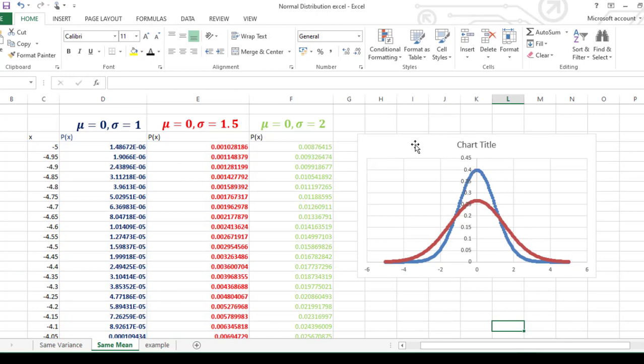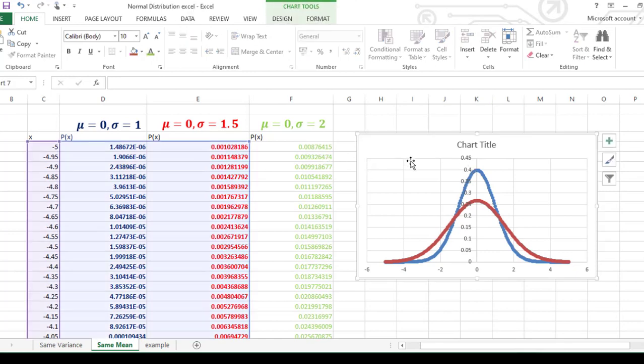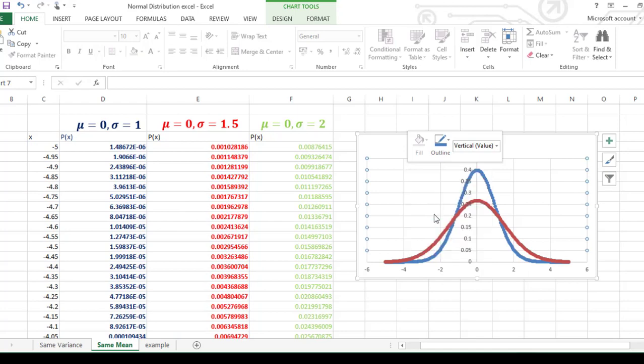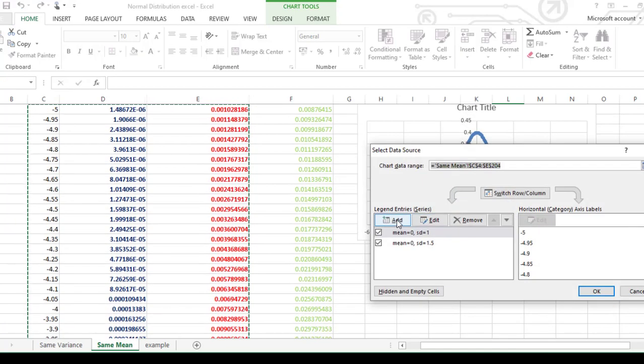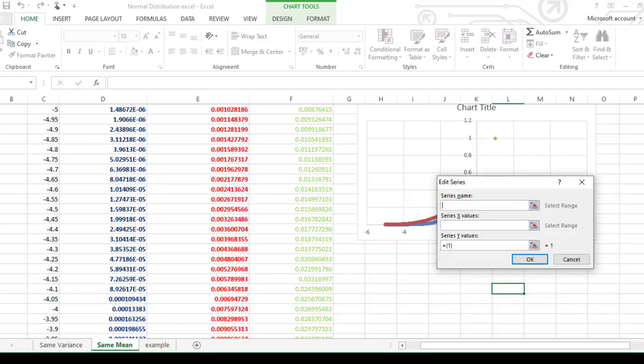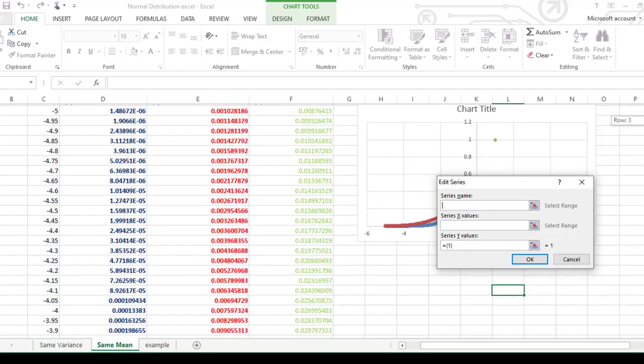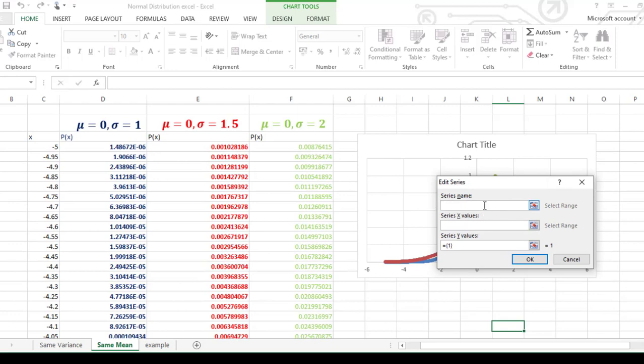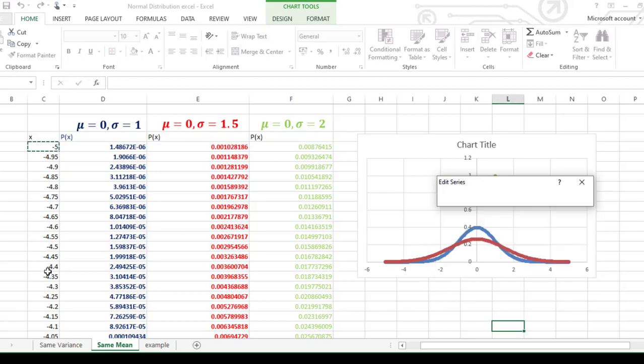Now let me add the third curve to the graph. So I am selecting the data for the third curve. Here mean would be 0 and standard deviation would be 2. X value remains the same.